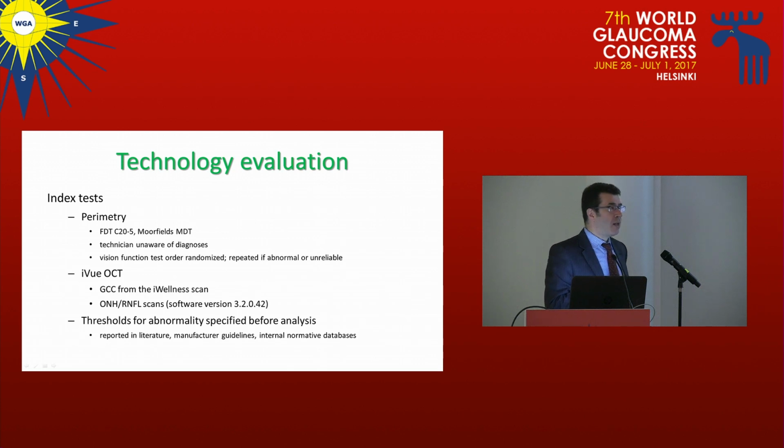The technician taking the pictures was unaware of the diagnosis of the patients in front of him, and the order of the vision function tests was randomized, and they were repeated if they were abnormal. For the iView, we used the GCC, the ganglion cell complex measurement from the eye wellness scan, and then the nerve fiber layer thickness measurements from a peripapillary circle sweep. And the thresholds for abnormality were pre-specified in the analysis ahead of time.